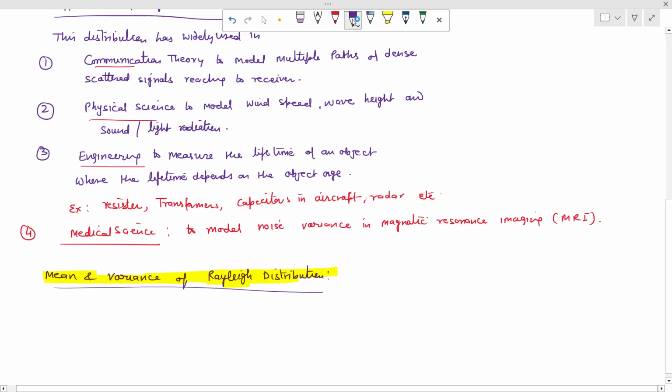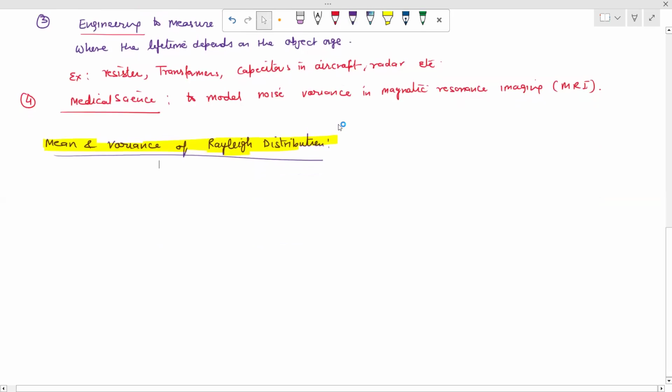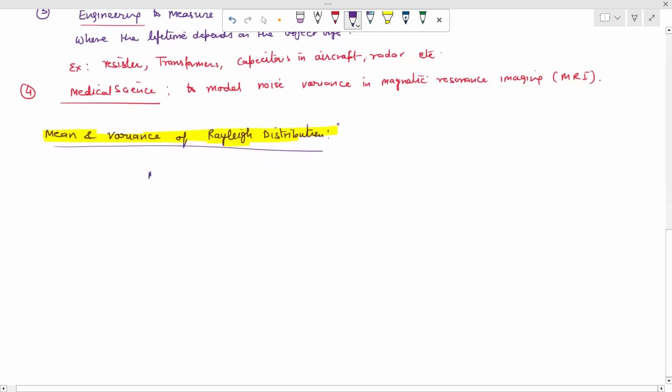So first we obtain the mean or expected value. Mean is equal to expected value, which we denote as E of x. This E of x we take as integration. Since x is greater than 0, the limits will be 0 to infinity: integral from 0 to infinity of x into f(x) dx.